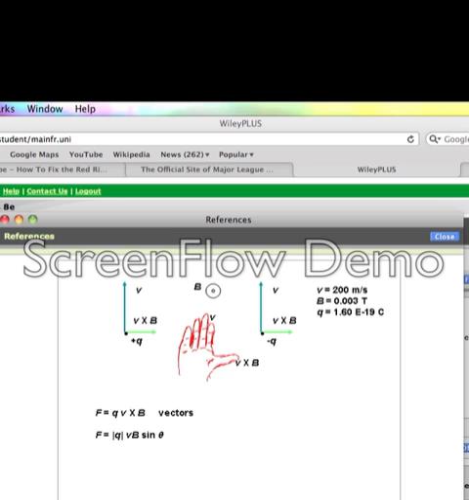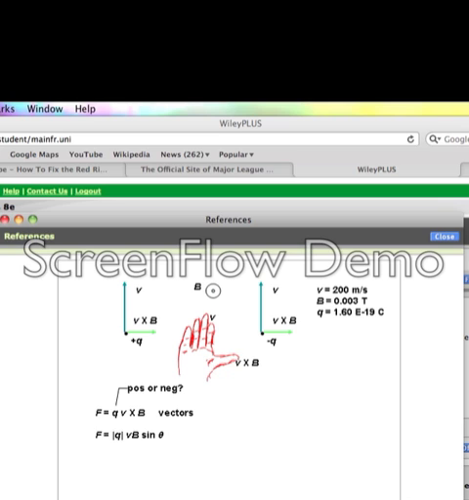But now comes the tricky part, to determine the direction of the force vector. And what you have to worry about is that Q that's sitting in the vector equation, is it positive or negative? Because look, if it's positive, then the F vector is in the same direction as the V cross B vector. But if the Q is negative, the F vector is flipped or reversed from the direction of the V cross B vector.